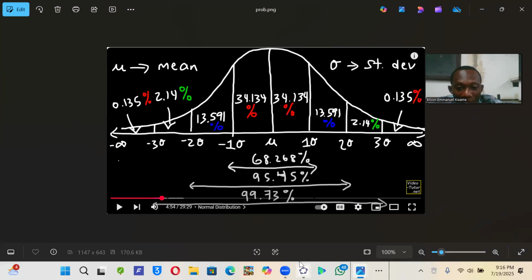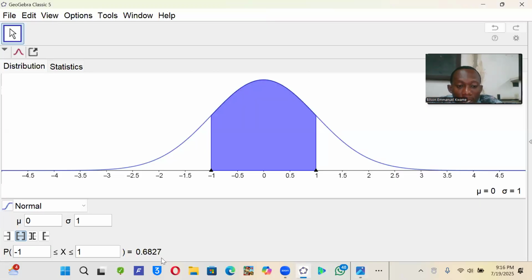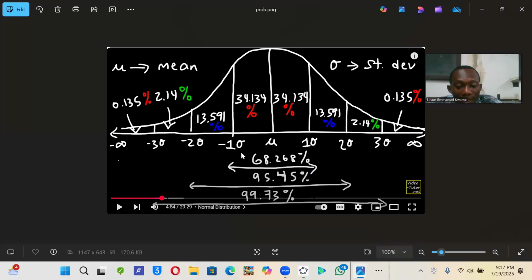GeoGebra confirmed that, right? GeoGebra rounded it to four decimal places, so we are getting 68.27 instead of 68.28, from this picture that I'm showing. GeoGebra even gives a more accurate answer though. In four decimal places, we're going to get 0.6827.